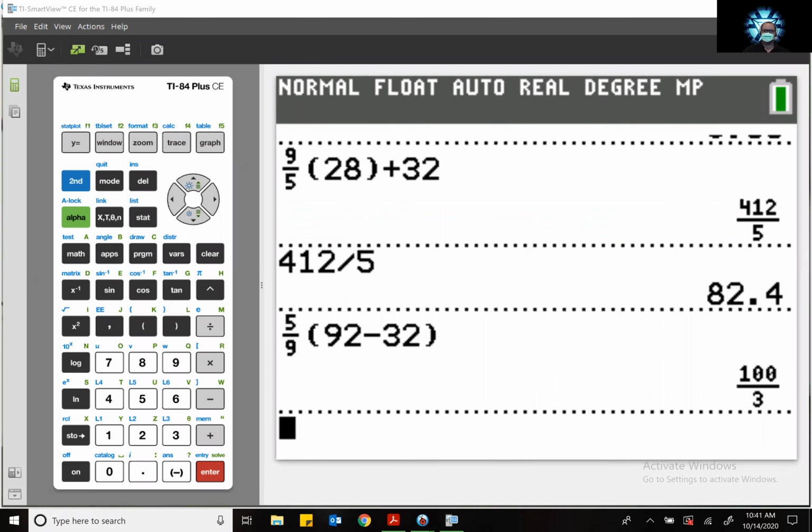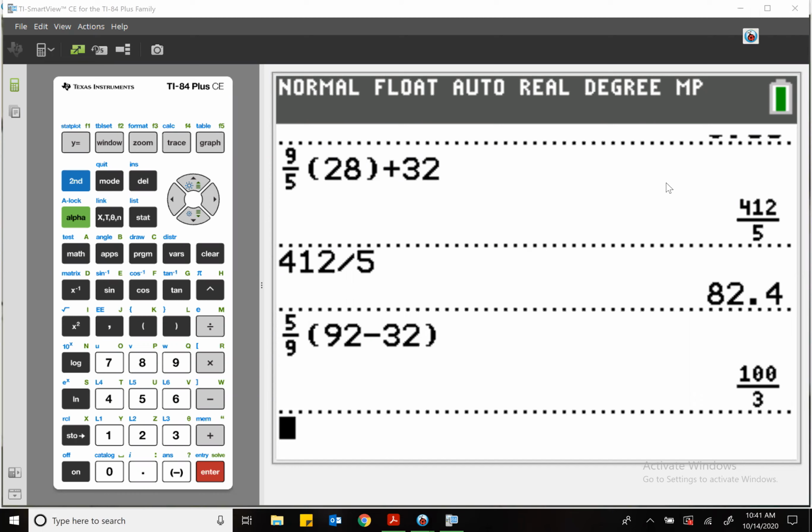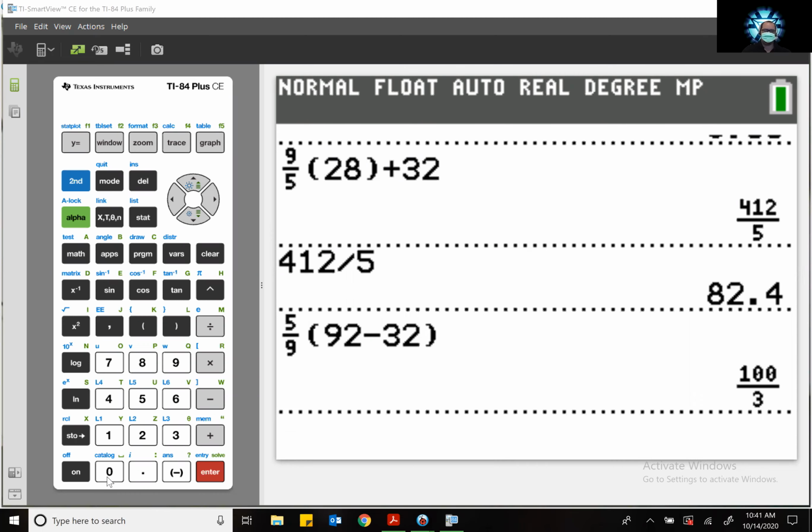There we go. Yeah, just divide. 100 divided by 3.